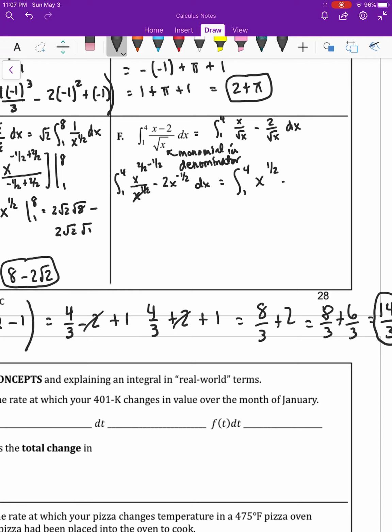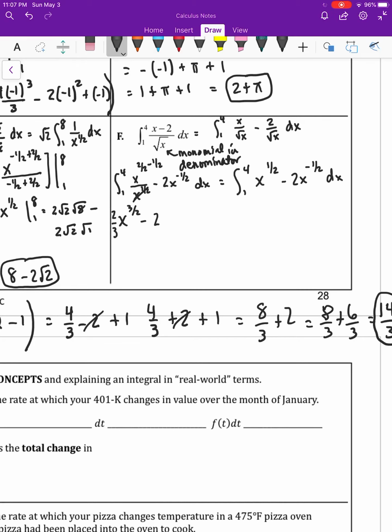So we're almost there. I want to bring this x to the 1/2 up. It's going to become x to the negative 1/2 up there. And since they have the same base, you'll add them. So this is going to be x to the positive 1/2 minus 2x to the negative 1/2 dx. So now we're going to use our x to the n, so that's x to the 1/2 plus 2/2.